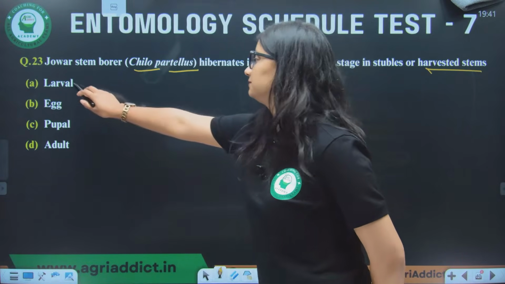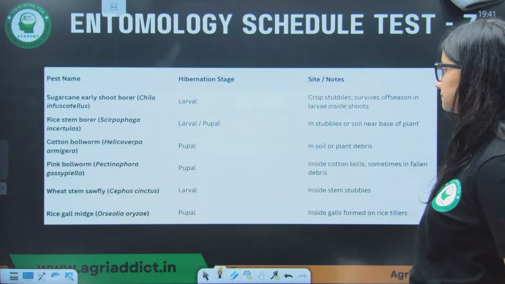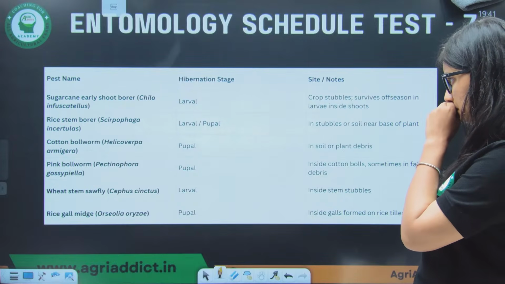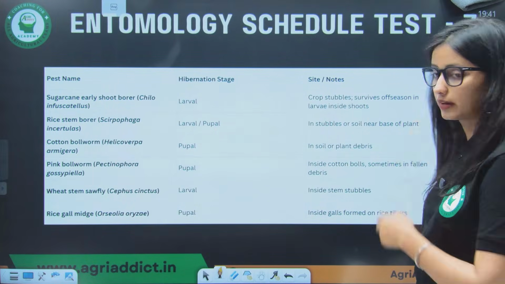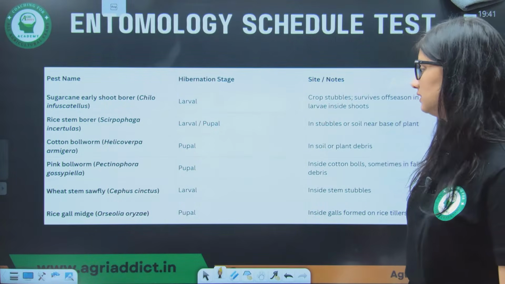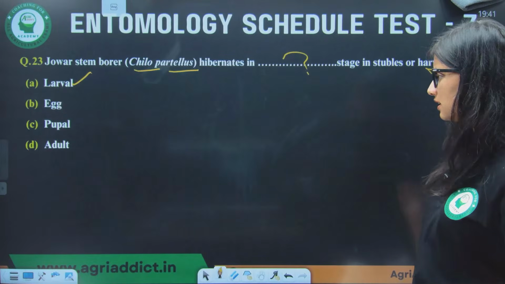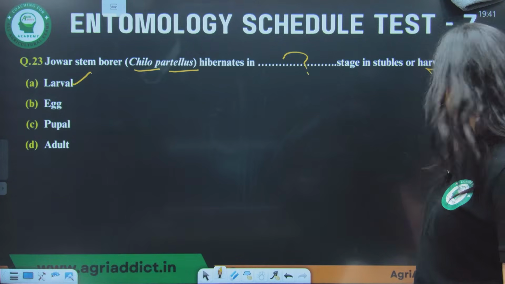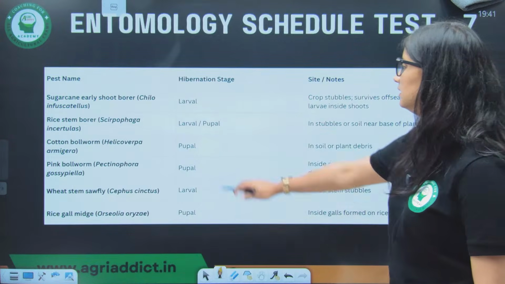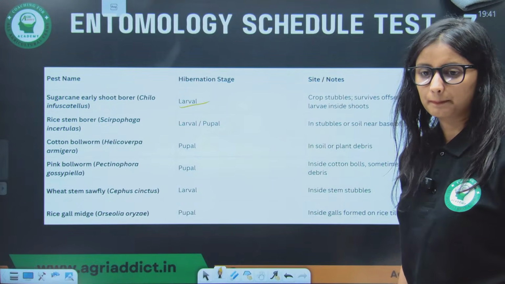Larval. Okay, so larval is the correct answer. No, this is the larval stage.